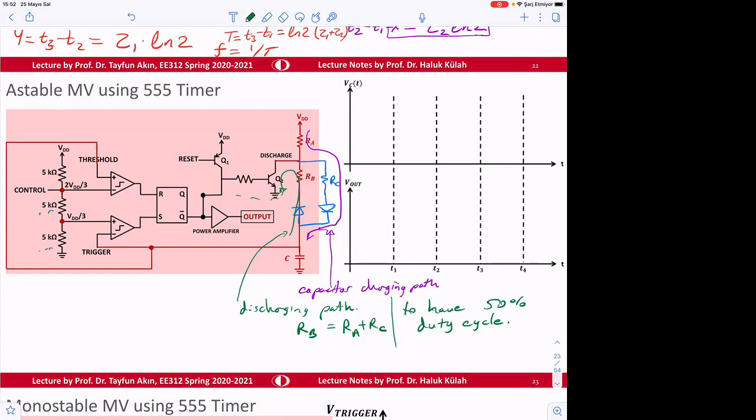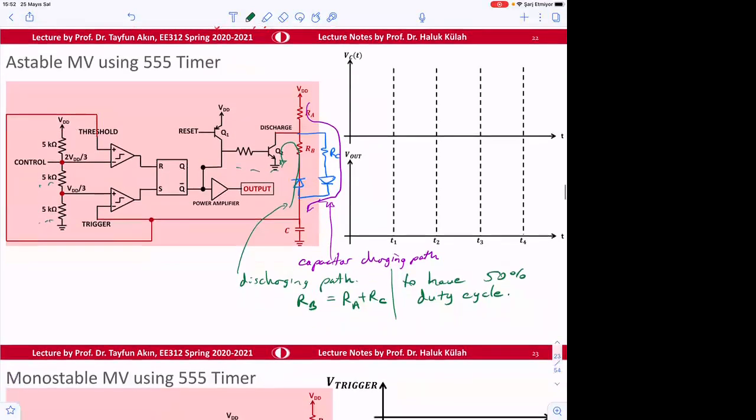So this is the astable multivibrator, and it was increasing up to a certain point, like 2 VDD divided by 3, and then discharging to VDD divided by 3.